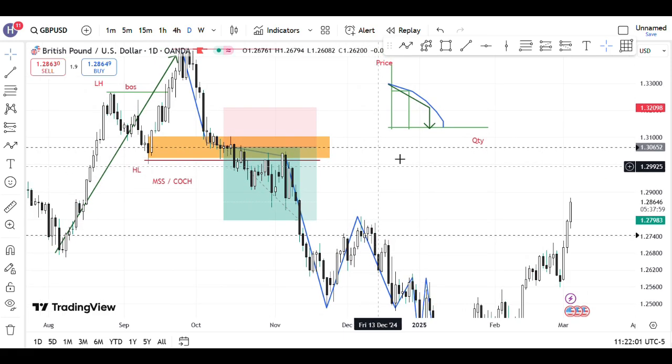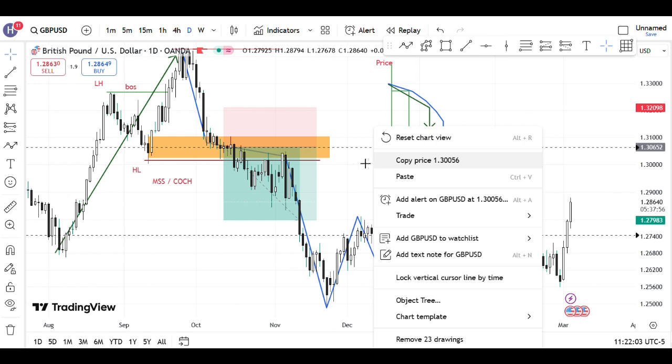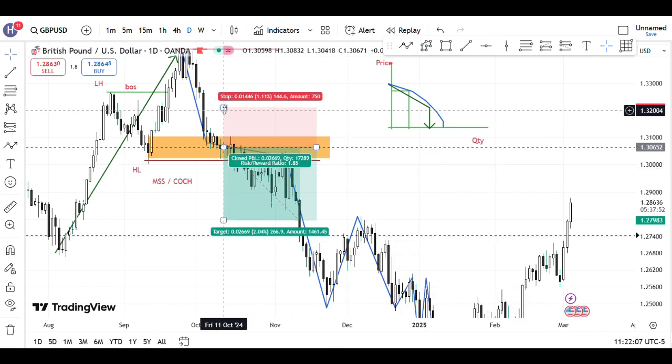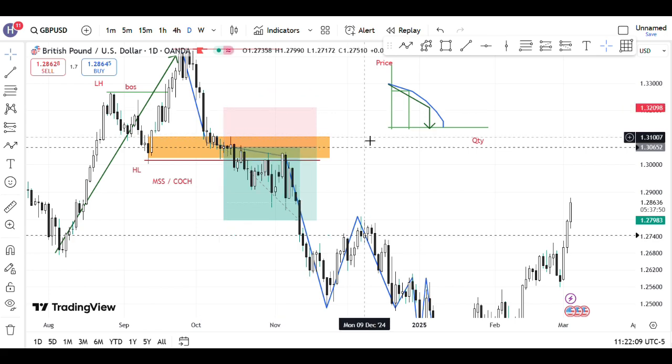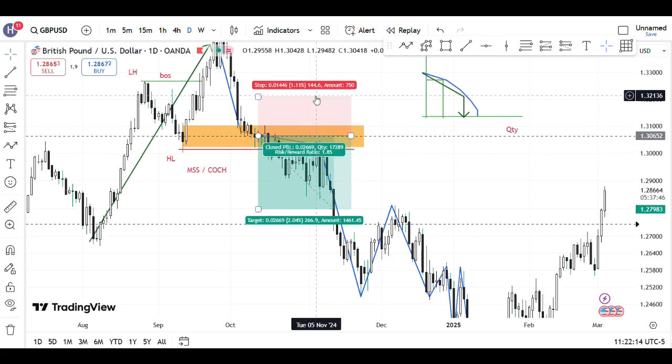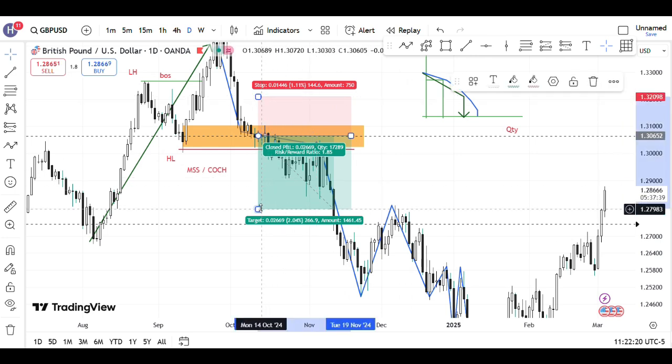So how do we get a proper setup? In this case, we will keep the stop loss here. In the next videos I will explain deeply how to set the stop loss and which place we should put the take profit. Here we can place the take profit at this candle.